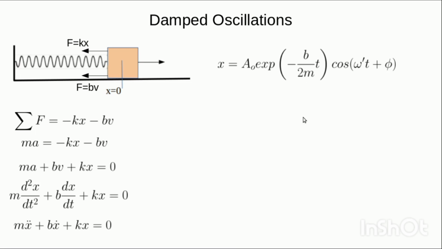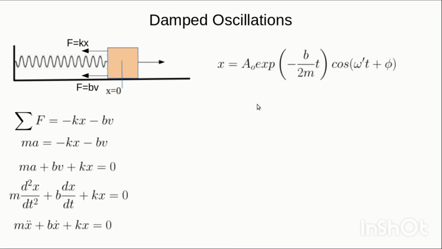If you compare this equation to the solution of simple harmonic motion, this exponential part is the only part that is not there. For damped oscillation, this one is now introduced. So let's take a look at the effect of this expression in this equation.